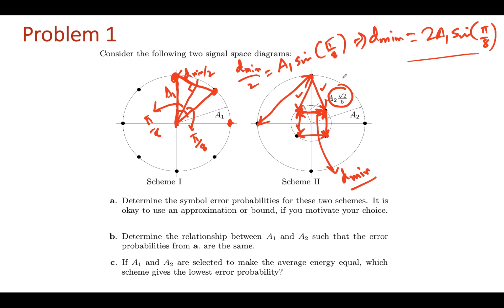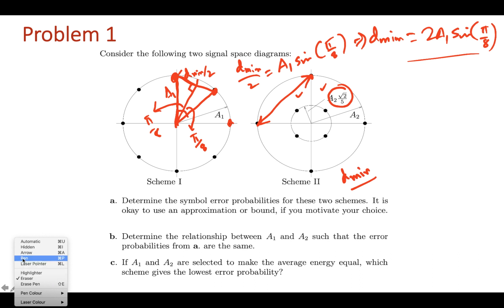Let me erase this part a little bit. If you appreciate that the d mean is only the distance between any 2 points in the inner circle, then this d mean can be easily calculated.